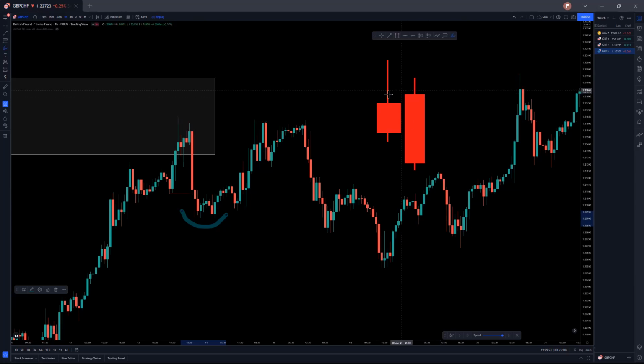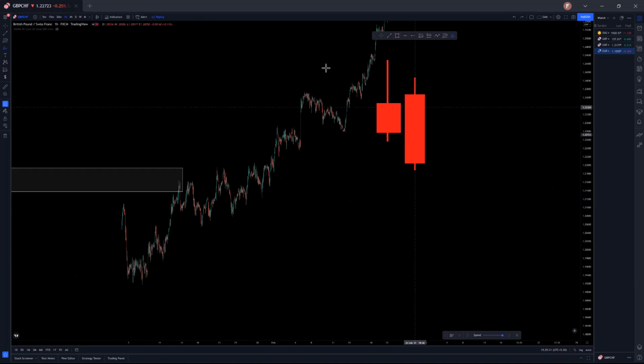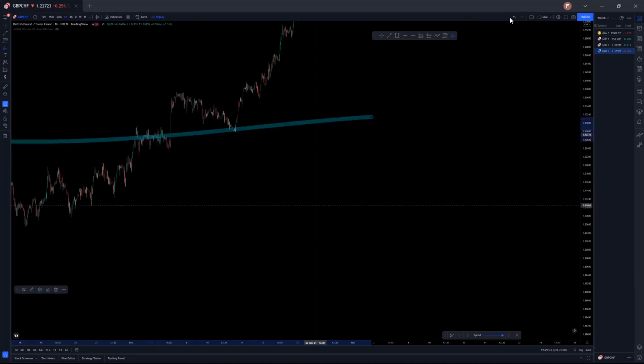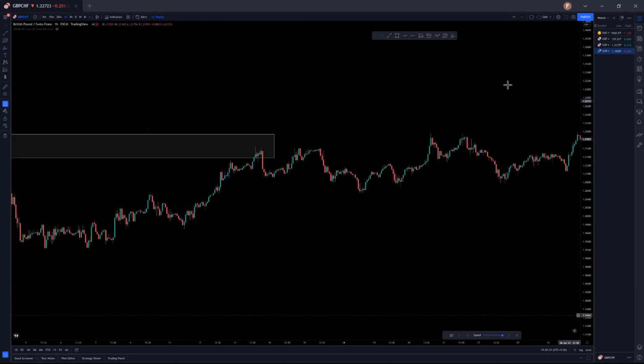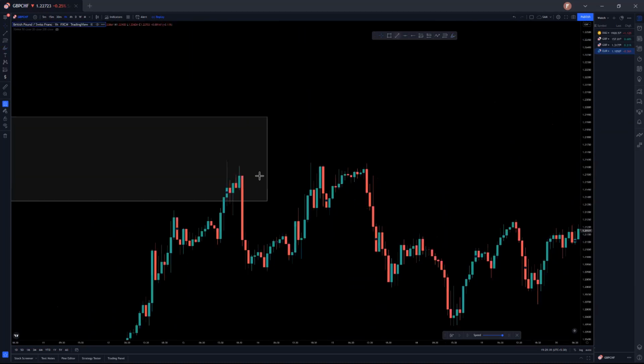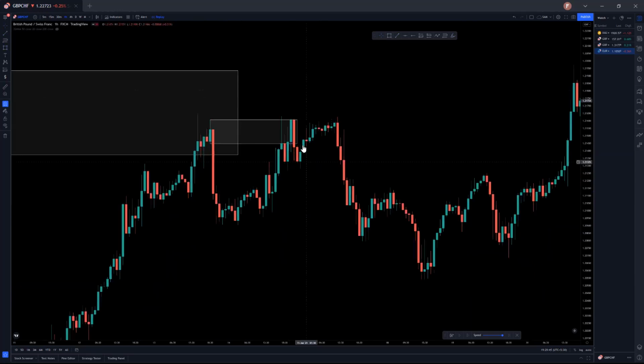But you were expecting some kind of this move. Clearly, if you drew your POI here, then it was valid. If you took 1 minute entries, I think maybe you could have been stopped out or not. I don't know.